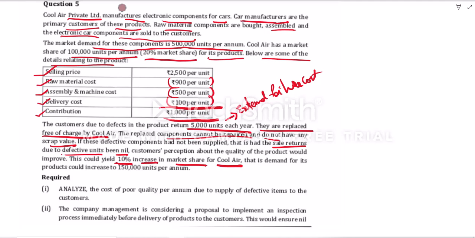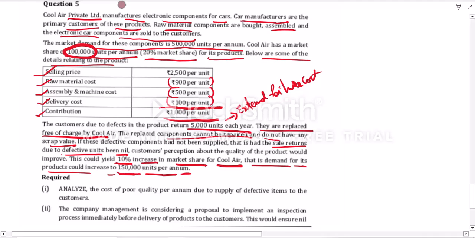The demand for the product could increase to 1,50,000 units per annum. So as of now 1 lakh units are sold, but if there are no defective units, there will be demand for 1,50,000 units. They are losing some market share because of this.